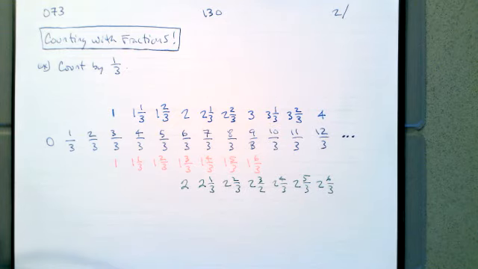Here's the reason that I look at these weirdo fractions. I look at these weirdo fractions because we know that to get from the improper fraction to the mixed number, we use division.